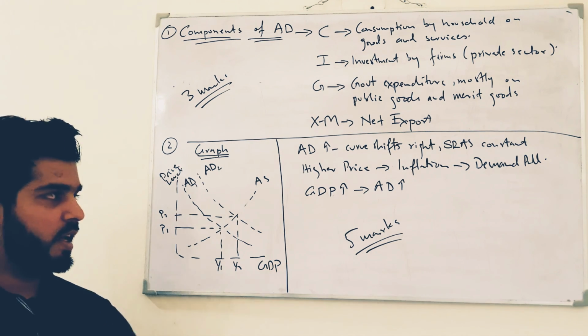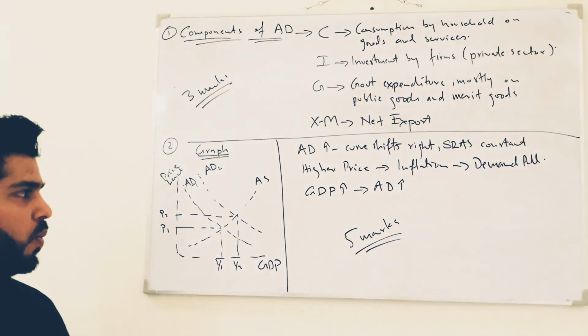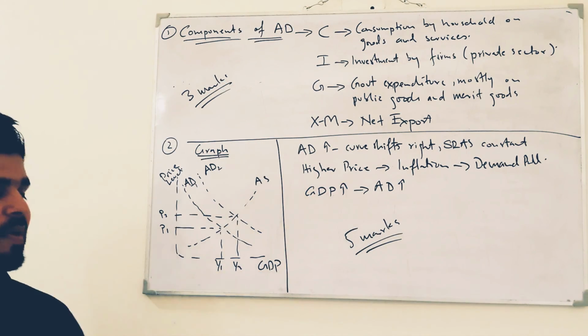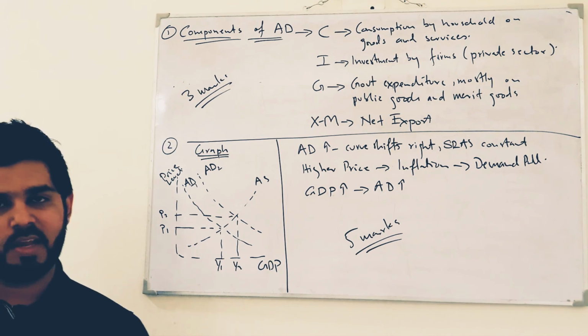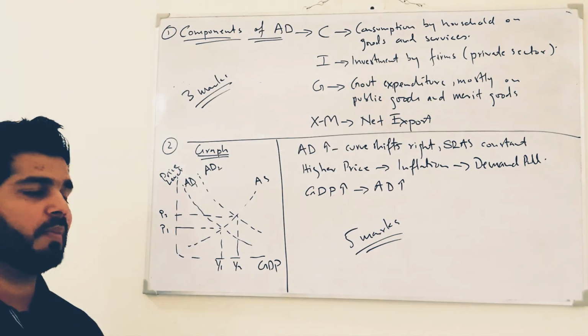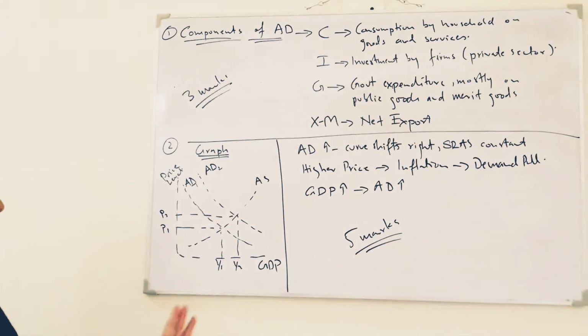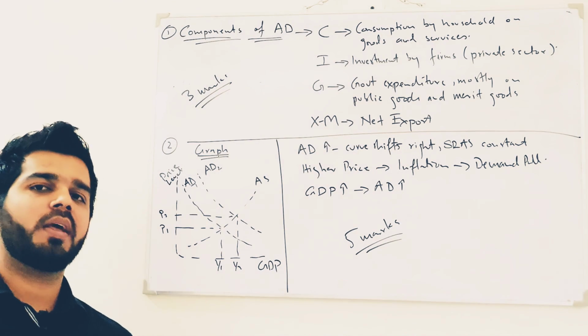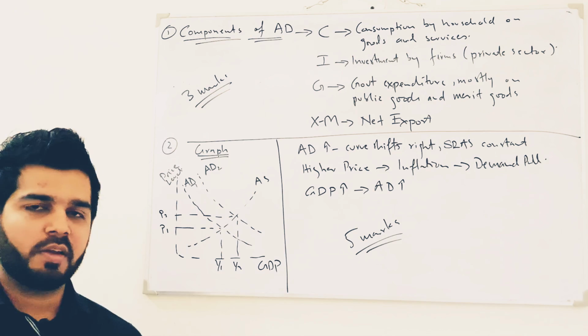When the short-run aggregate supply curve is constant and your aggregate demand curve is shifting rightward, higher prices prevail in the market because of the increased demand. If higher prices are prevailing in the market, it means there is inflation. This specific type of inflation is known as demand pull inflation, because our aggregate demand curve is shifting rightward, and due to the shift in the demand curve, inflation is taking place.